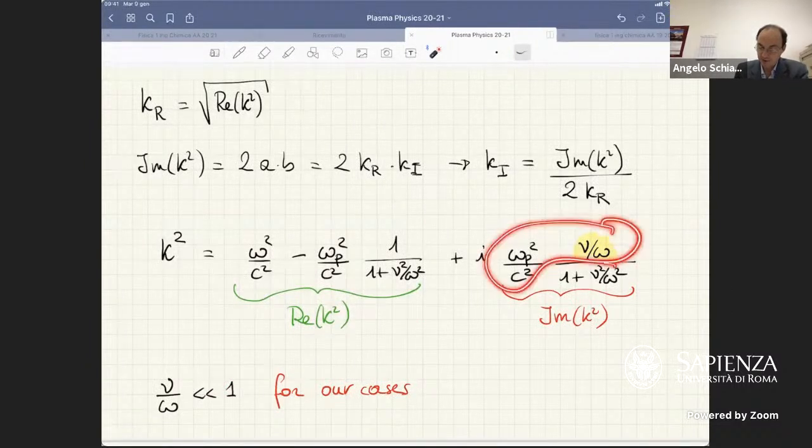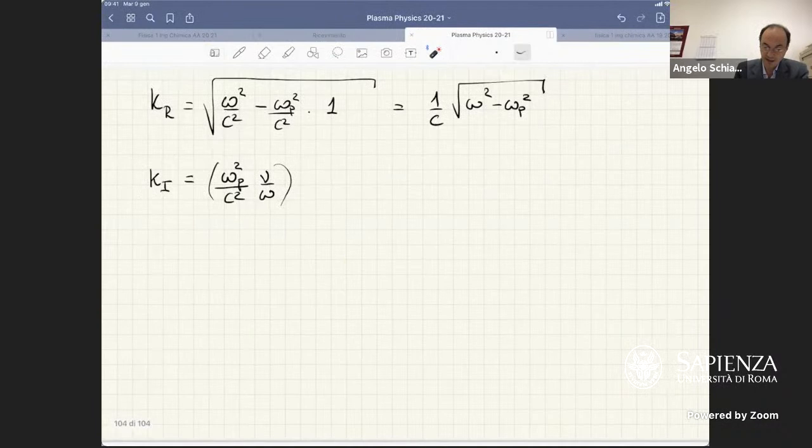The denominator becomes one, and ki is the imaginary part of k squared divided by twice kr. So this is 1/2, and then we have kr, which is the square root of omega squared minus omega p squared, over c, coming to the denominator.